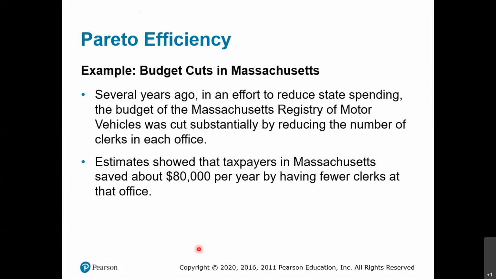Was this Pareto? Well, clearly the clerks are worse off, right? They lost their jobs. But we might be able to assume that the great government bureaucracy in the Commonwealth of Massachusetts just gobbled it up and it was okay. All right? Who could be worse off?